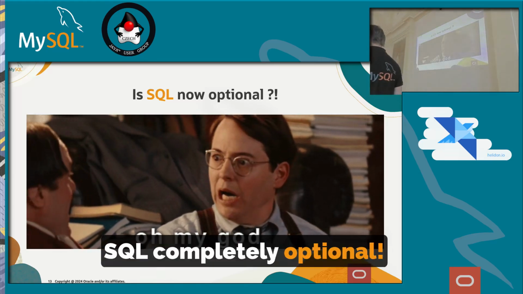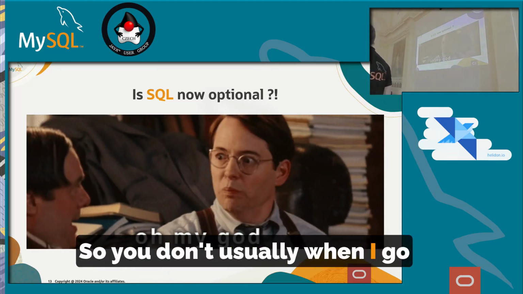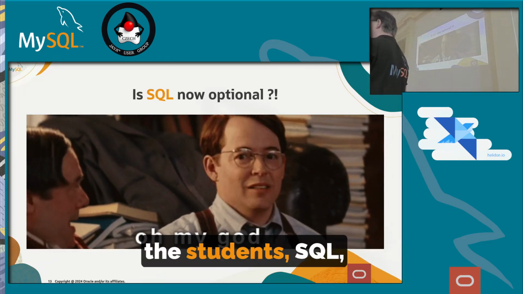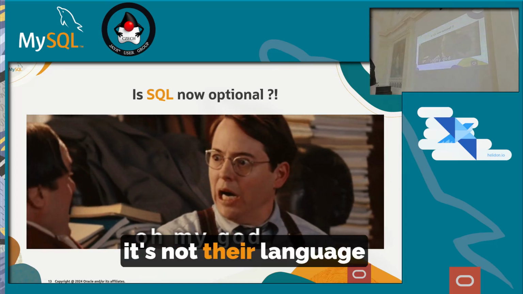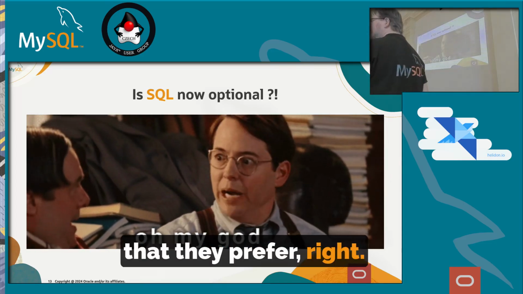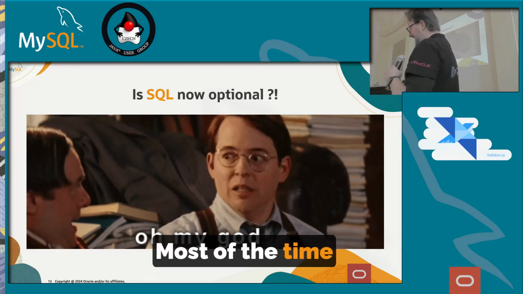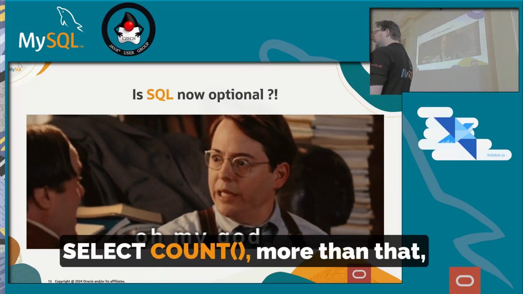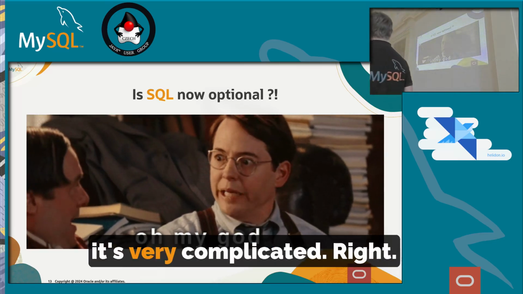SQL is completely optional. Usually, when I speak with students and others, SQL is not a language they prefer, right? Most of the time, it's complicated. Select star is okay, select count, but more than that, it's very complicated, right?